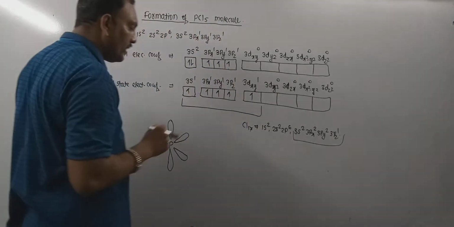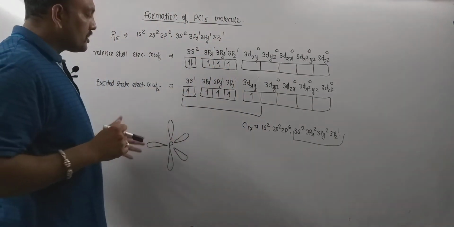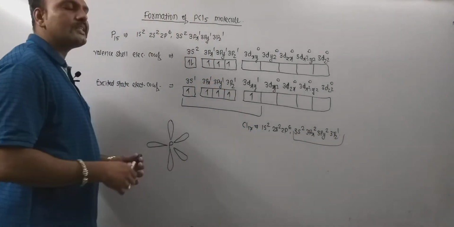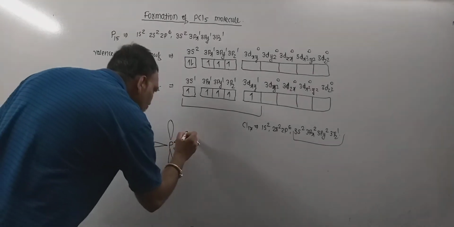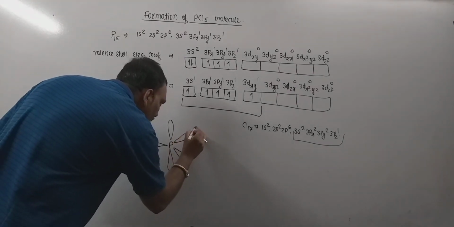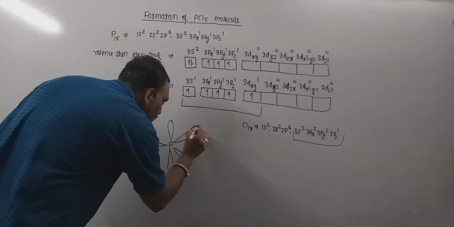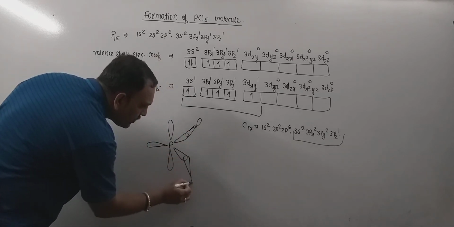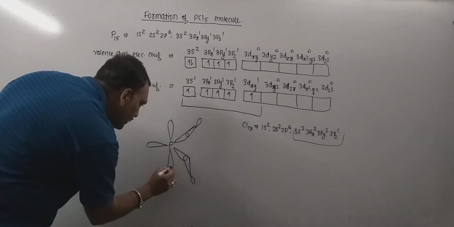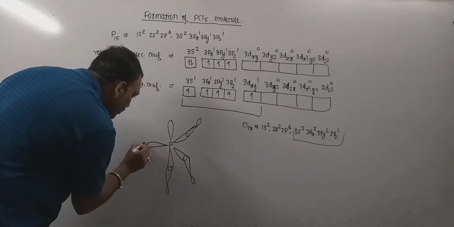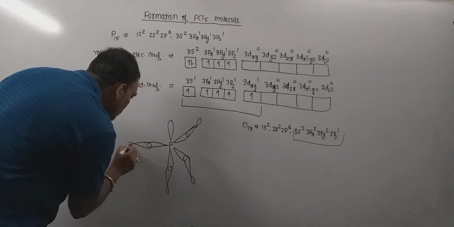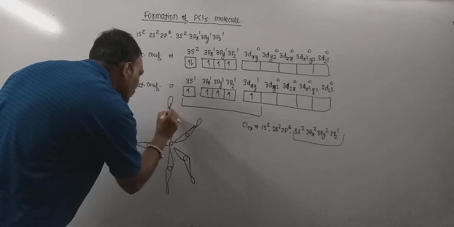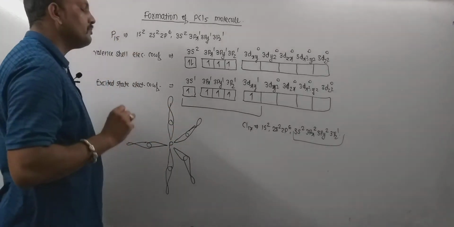So 5 chlorine atoms come closer to the phosphorus along with the half-filled pz orbital, which happens to be dumbbell shaped, and ultimately overlap with what? The sp3d hybrid orbitals of phosphorus, and that leads to the formation of 5 PCl bonds, leading to the formation of the PCl5 molecule.